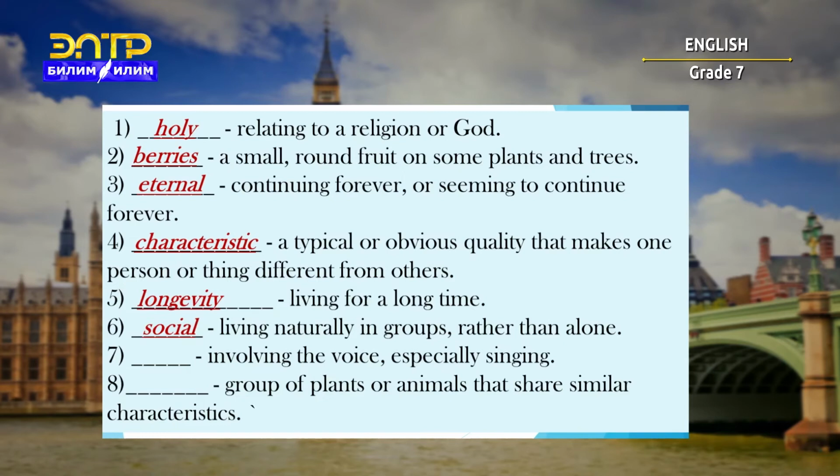Social, living naturally in groups rather than alone. And the next one, vocal, involving the voice, especially singing. And the last one, species, group of plants or animals that share similar characteristics.